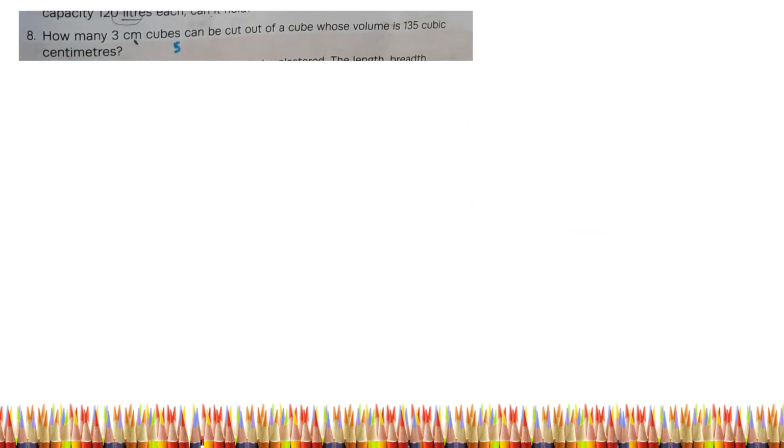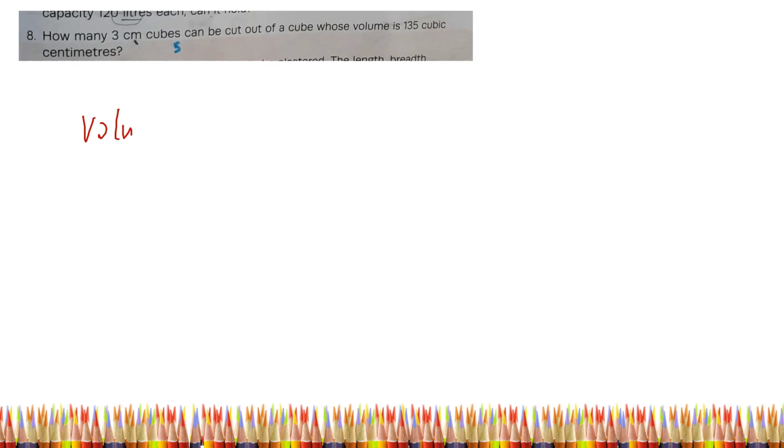Coming to question number 8, how many 3 centimeter cubes can be cut out of a cube whose volume is 135 cubic centimeter? Now this question is easy because the volume is already given in cubic centimeters, and it has been asked how many 3 centimeter cubes can be cut out of it. So that means this volume needs to be found.